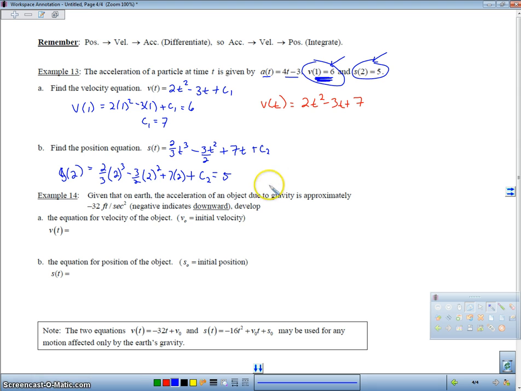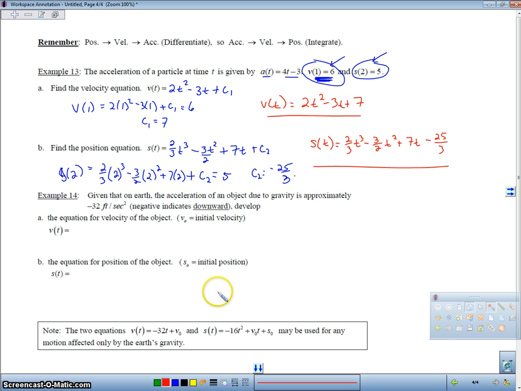I'm going to do all the math there, and then I'm going to get c2 equals negative 25 over 3. All right, and then I am going to put my formula for s of t. So s of t is 2/3 t cubed minus 3/2 t squared plus 7t minus 25/3, and I got that from here.